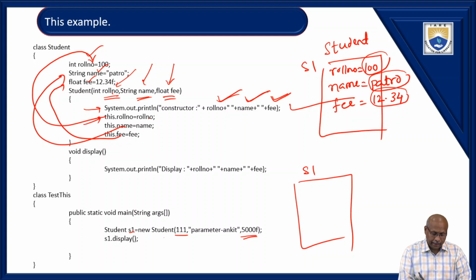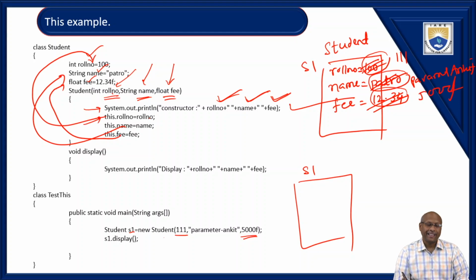When you are calling with these three parameters, automatically the roll number becomes 111. Similarly, the name becomes Parameter Ankit. Patro will be overwritten. Then 5000. So this value will be stored automatically. Now S1 dot display. So it will display 111, Parameter Ankit and 5000.